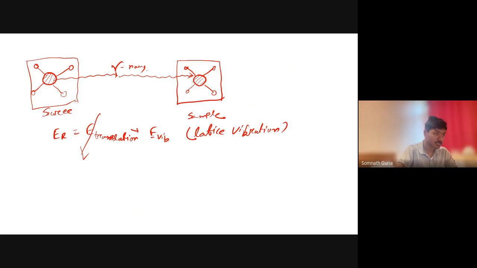And this E vibration can be written as the vibration energy, n plus half times h bar omega, where omega is the frequency of vibration.